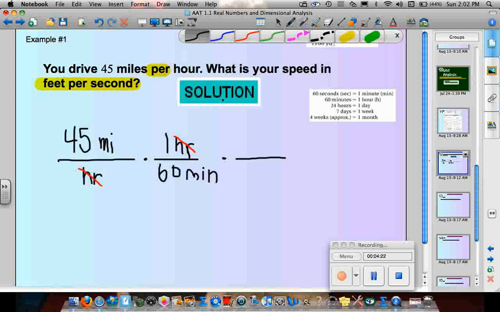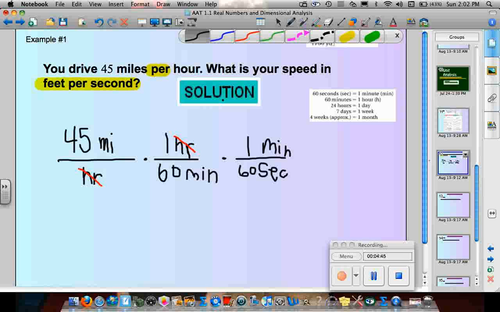This time I don't want minutes, so minutes has to be in the top. I want to end up in seconds, so seconds is going to go on the bottom. How many seconds in a minute? Well, I know that. There's 60 seconds in 1 minute.